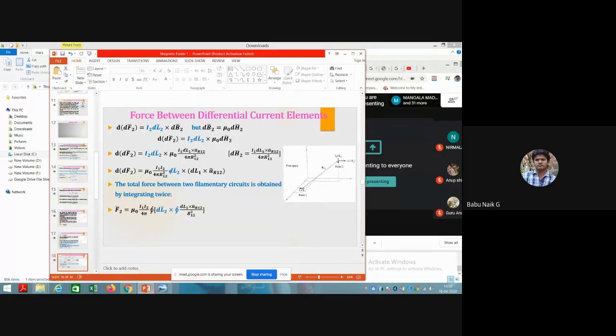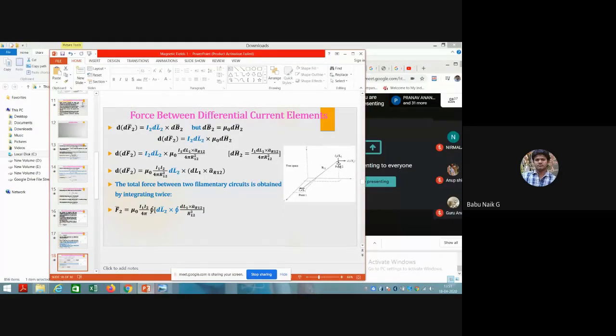So you can take the cross product as one term here. The differential force at point 2 is mu naught I1 I2 over 4 pi R12 squared, times dL2 cross dL1 cross a R12. This is the force at point 2.